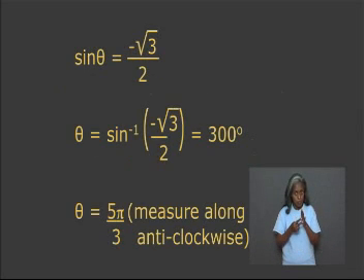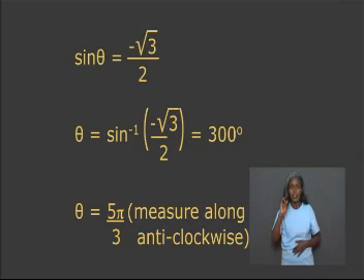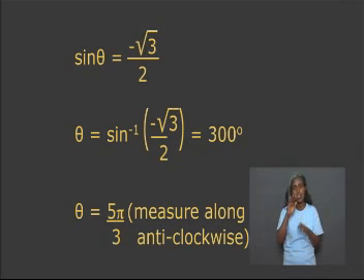This means that sine theta equals the negative square root of 3 over 2, which is 300 degrees. Measured anti-clockwise, theta equals 5 pi over 3.